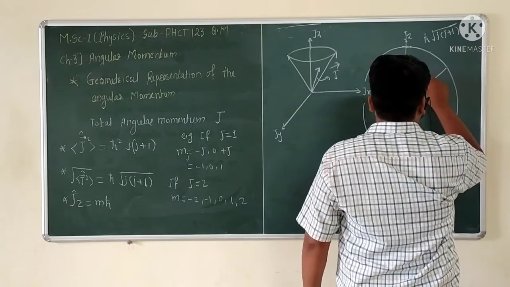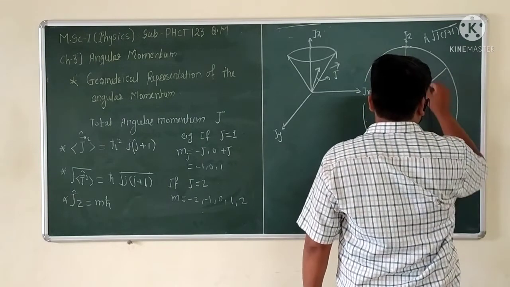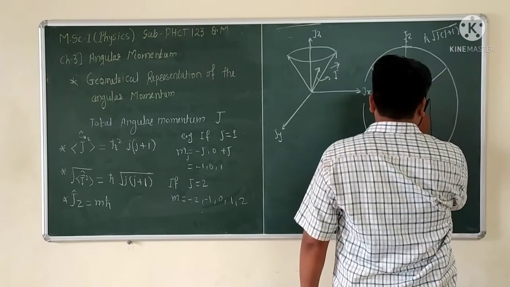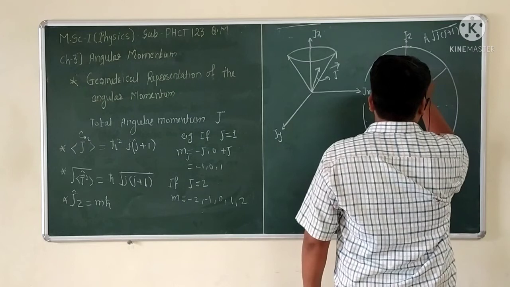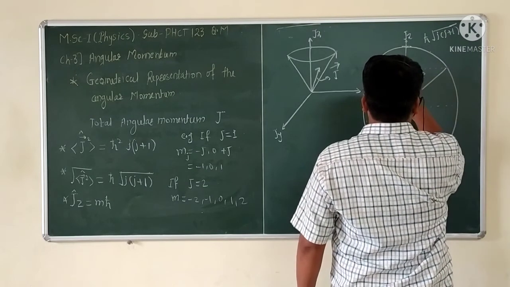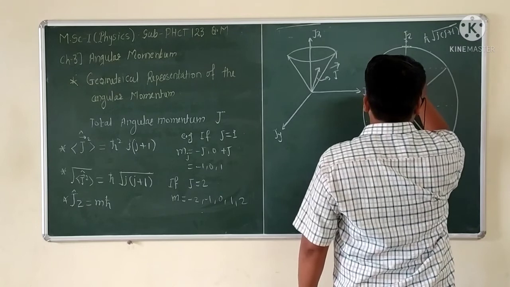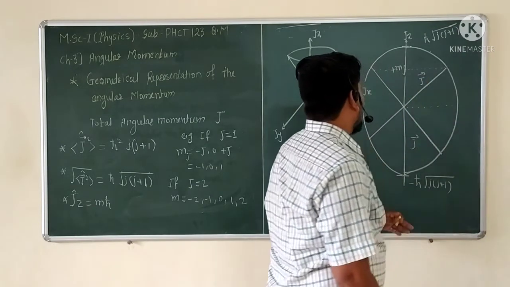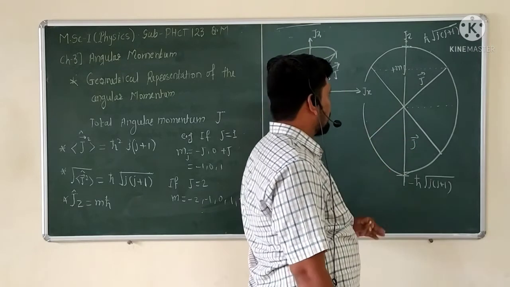This is also J, the total angular momentum under consideration, and this vector displacement is the plus mj, the m value shown here with respect to the total angular momentum.